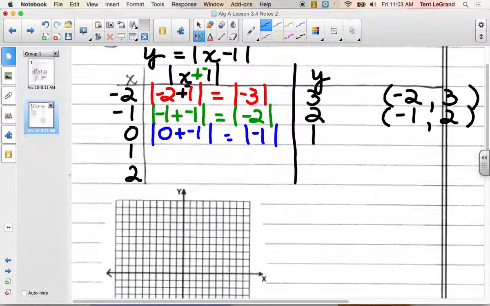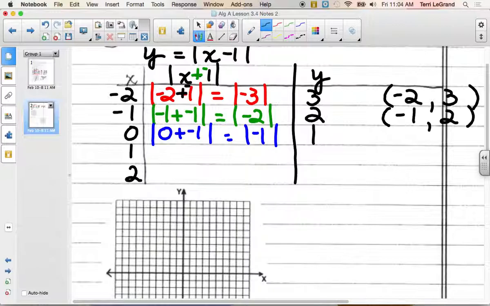Now, I love that you found the pattern last time. Do you think there's a pattern going on this time? Yeah. What's happening? The y's are going down by 1. Is there a pattern in x? What's happening with x? They're going up by 1. So there is a pattern in x and there's a pattern in y.